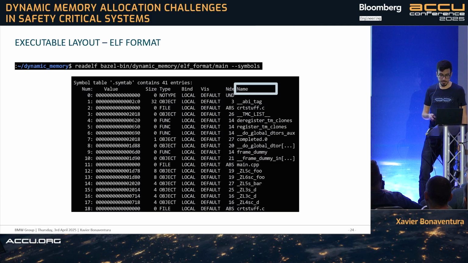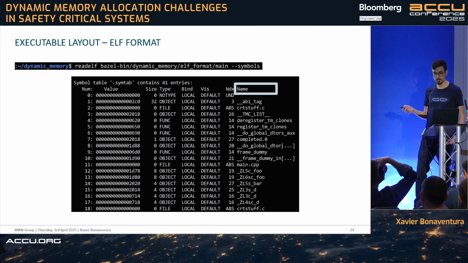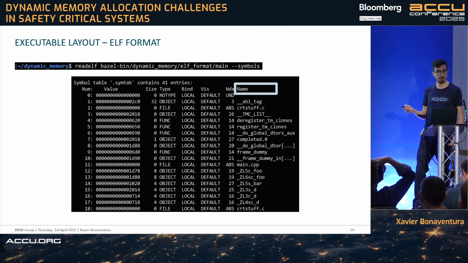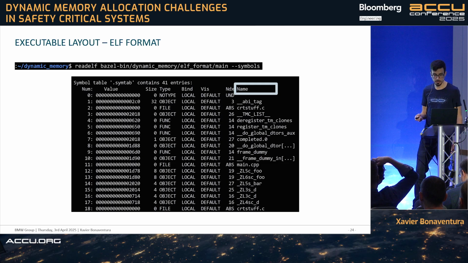And in the name side, you can find the symbols of your program. In C++, because we have the mangling, you need to just try to remove from your brain this underscore ZL3. But you can see in the last rows that we have this SC-foo, and S-bar, SD. But still, this shows us the variable, but doesn't really tell us where it is.